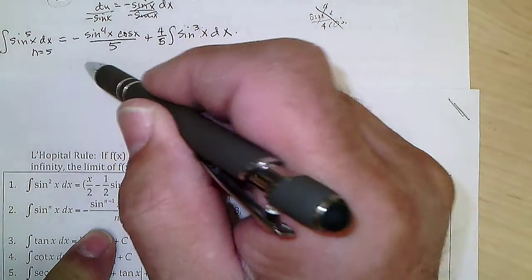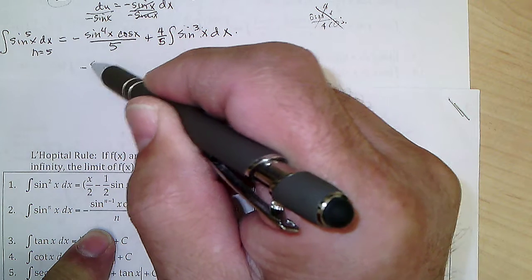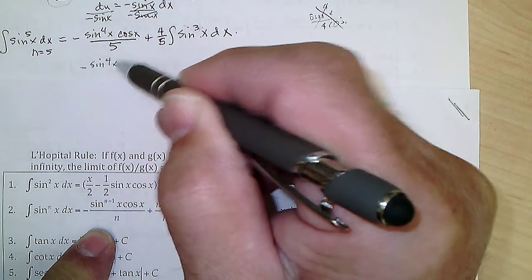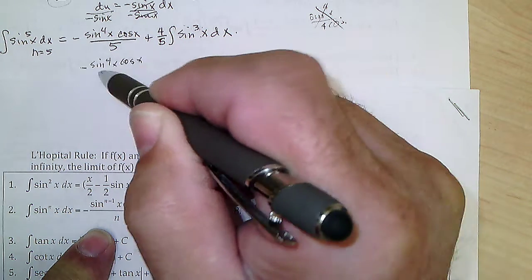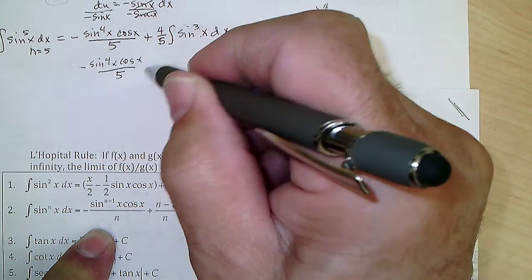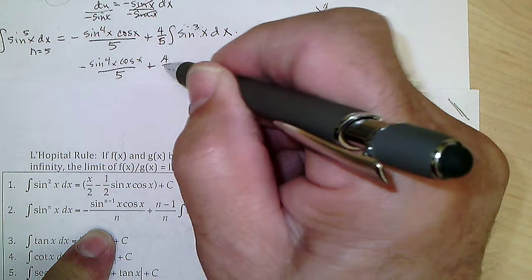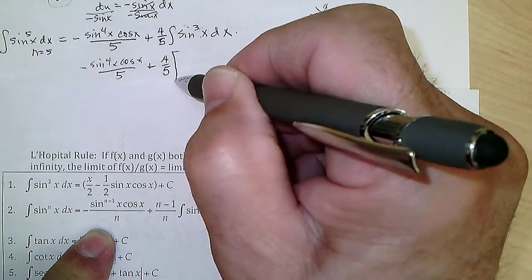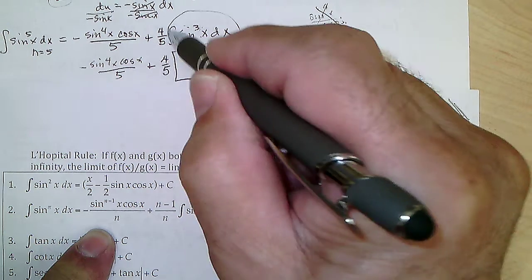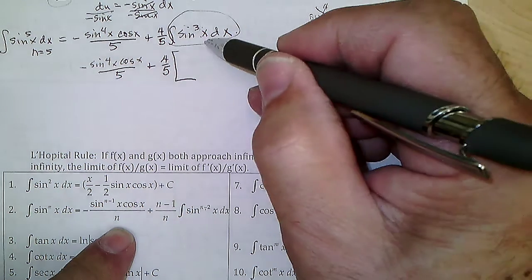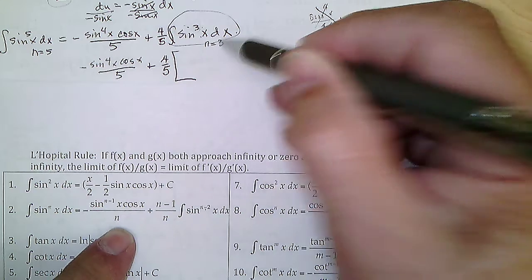I'm going to leave this part, negative sine to the 4th x cosine x over 5 plus 4/5. Now, this is what I'm looking at. And so on this, n would be 3.